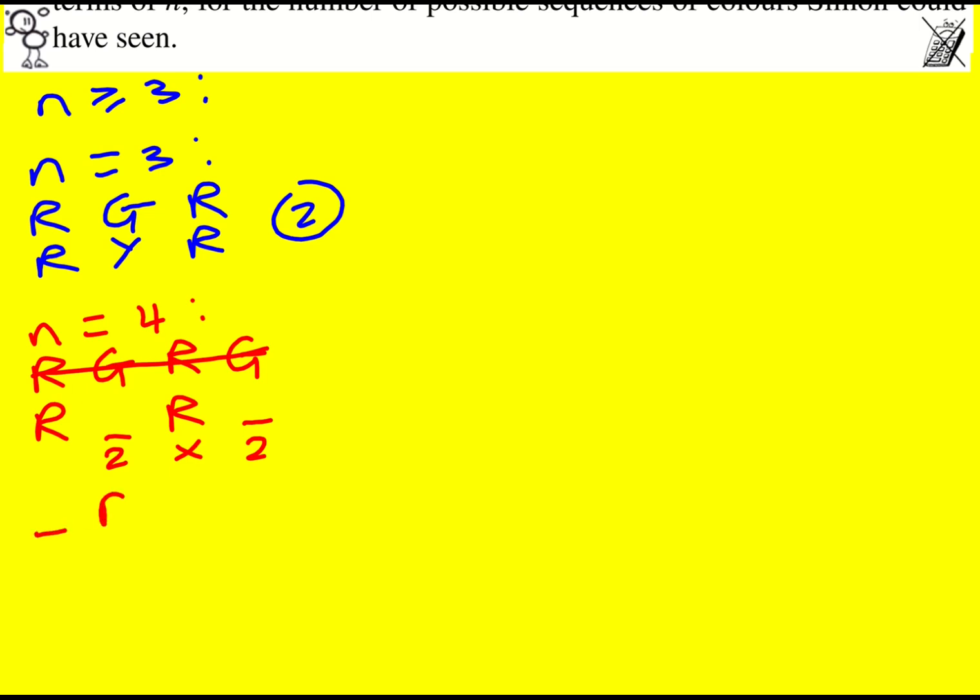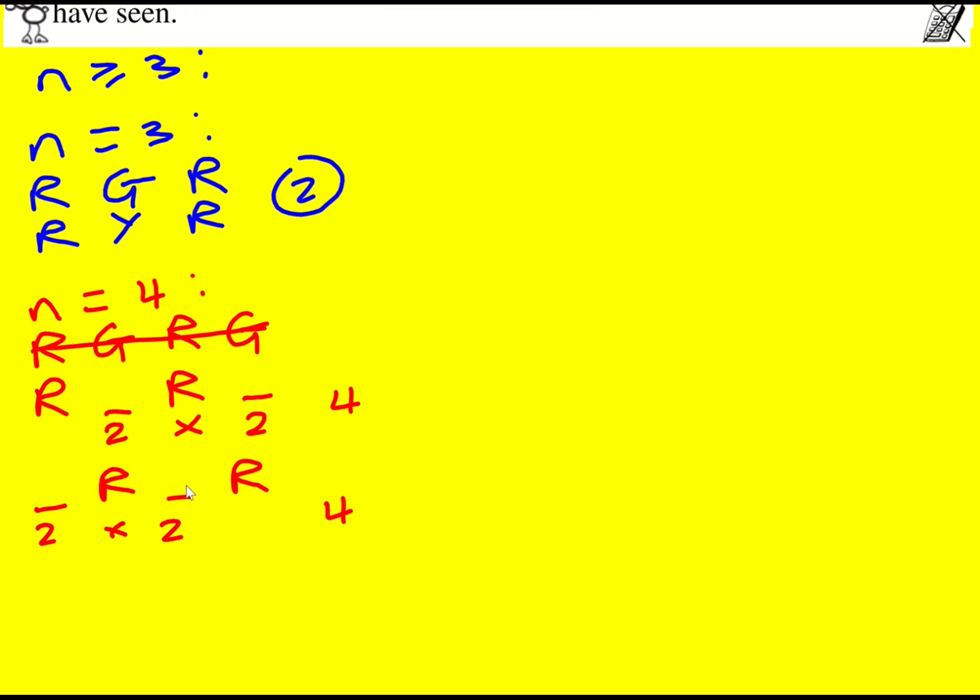Then if we instead put R second and fourth, it's going to be exactly the same again. 2 options here, 2 options here. So I've got 4 and I've got 4. And I'm not allowed to have R's together. So the only other option is to have R there and R there. And then there's 2 options here. I could either have green or yellow.